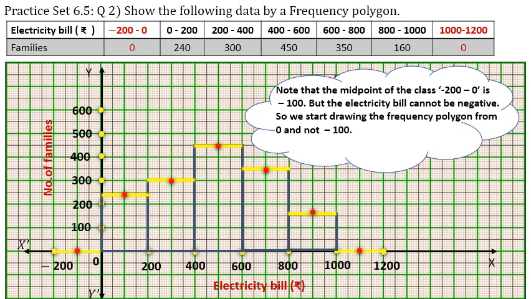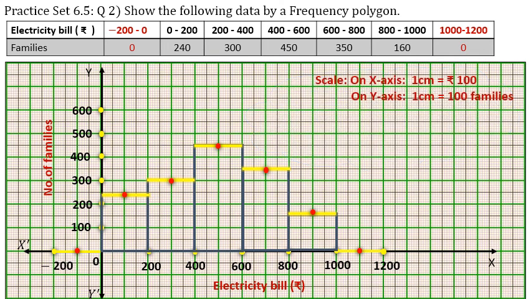So, we start drawing the frequency polygon from 0 and not from -100. So, we shift the first point to the origin and start drawing the frequency polygon from the origin. So we have drawn a frequency polygon for the given data.